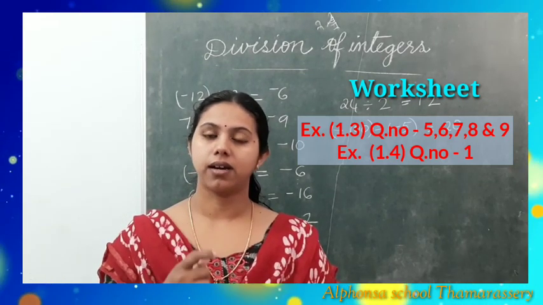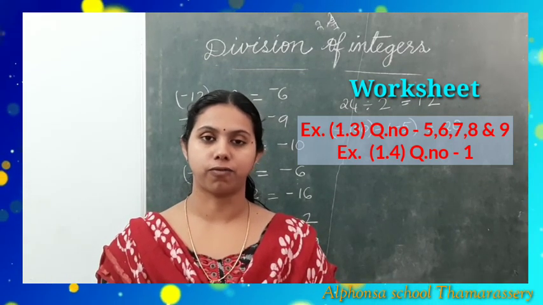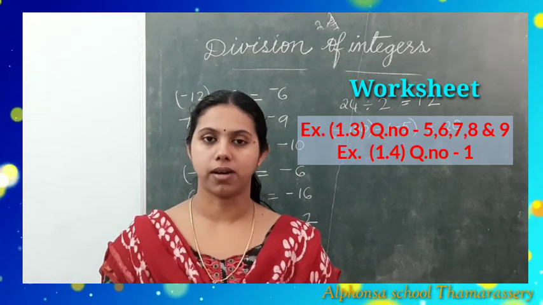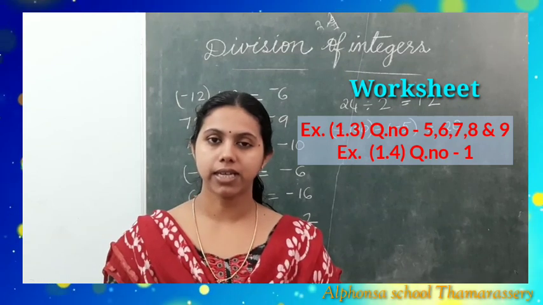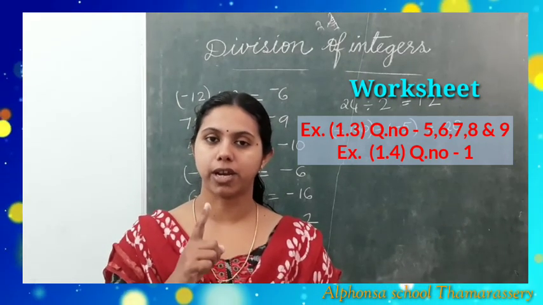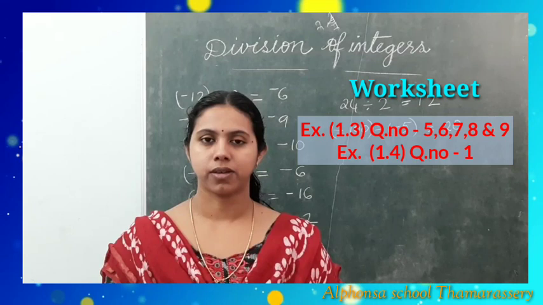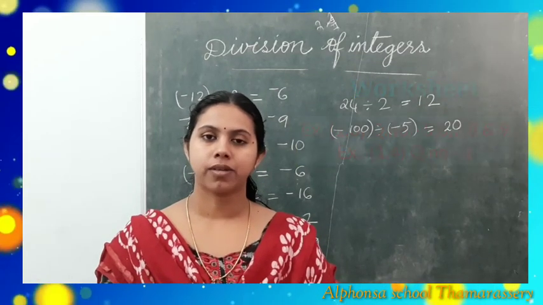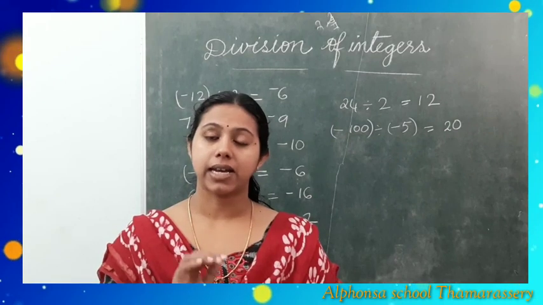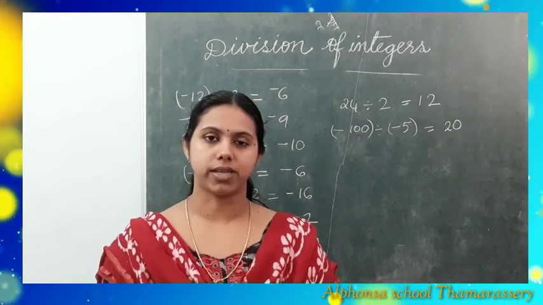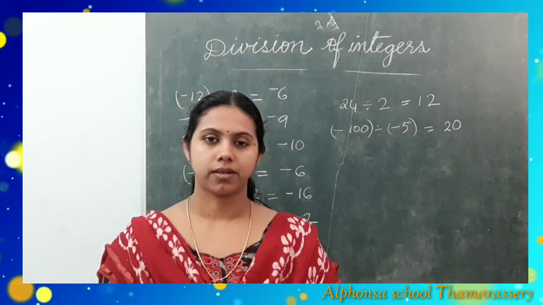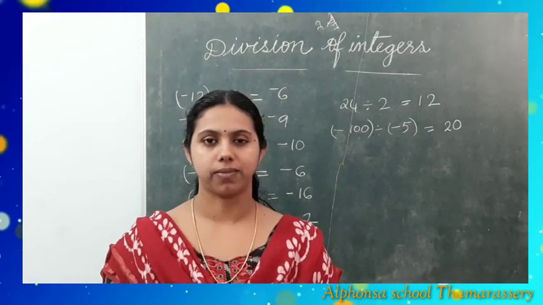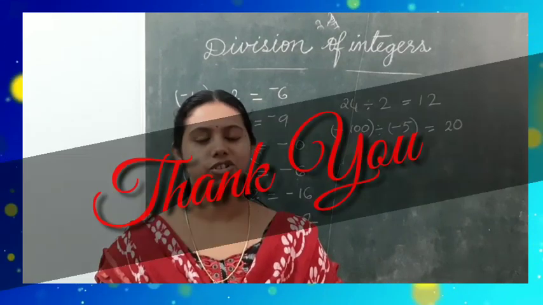Then exercise 1.4, question number 1, that is the next homework. Exercise 1.4, question number 1. So write all these properly and neatly, and study all these questions. At least 2 times you should write and study. So children, study well.